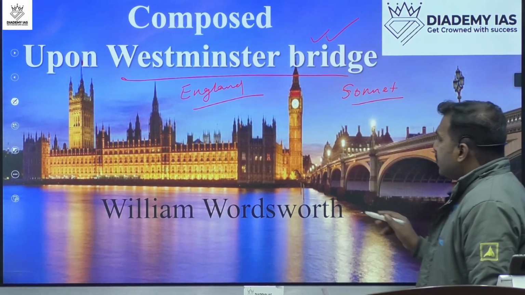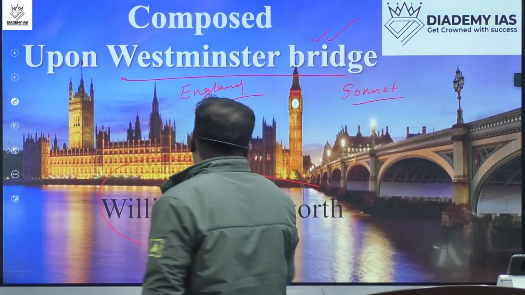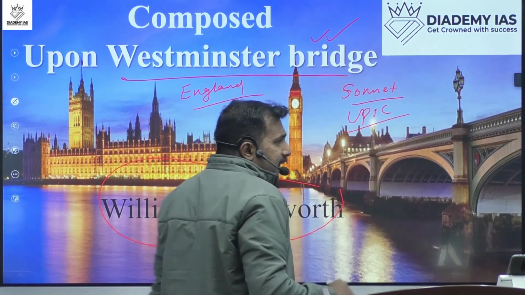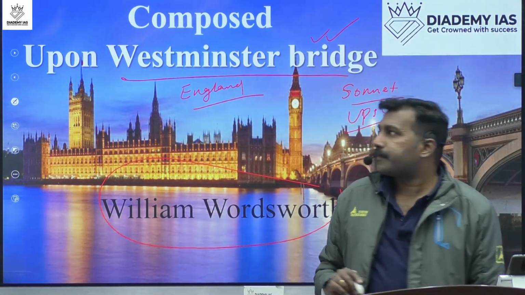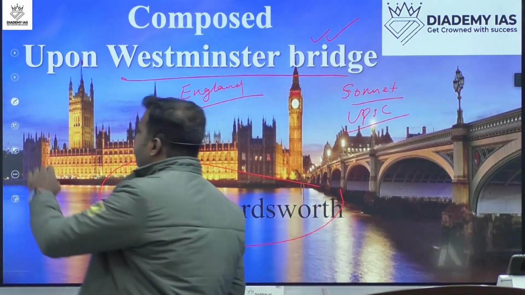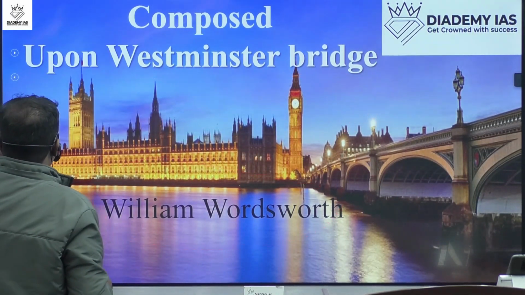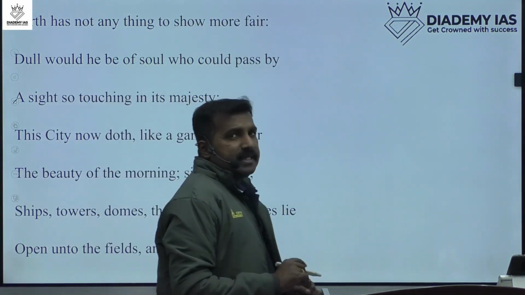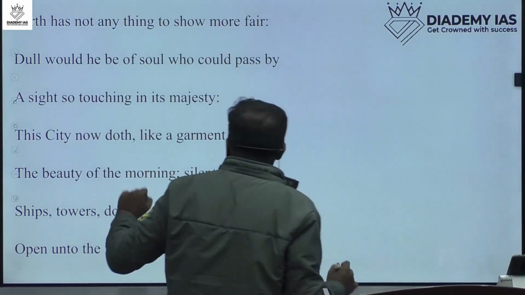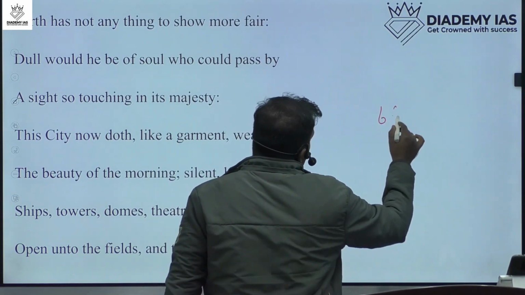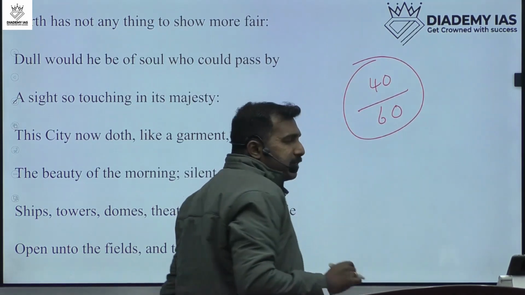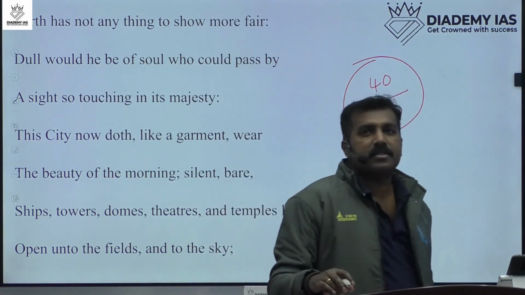This is the poem included in the UPSC syllabus. We already discussed that we have 60 poems in the UPSC main syllabus, and out of these 60 poems, 40 poems are very simple poems.